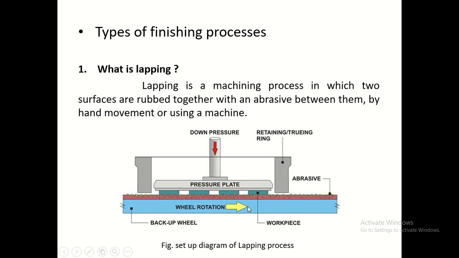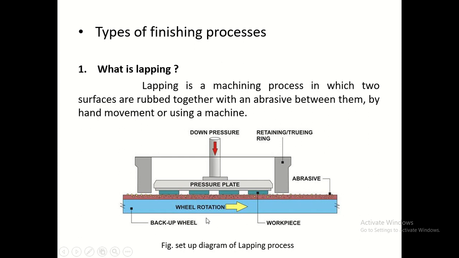Let's see the working of this process. This lap will rotate continuously, and this pressure plate is connected with the workpiece. These are the blue colored workpieces. The workpiece is pressed against these abrasive particles glued with some material.